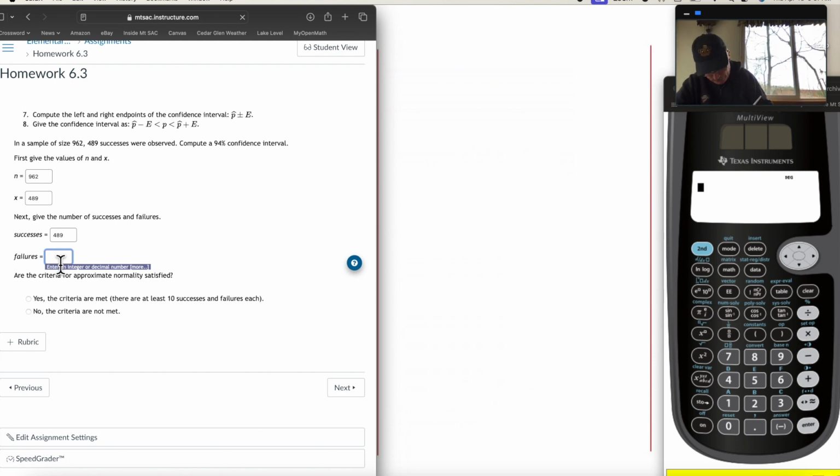So we said that N is 962. X is 489. And that's the number of successes.